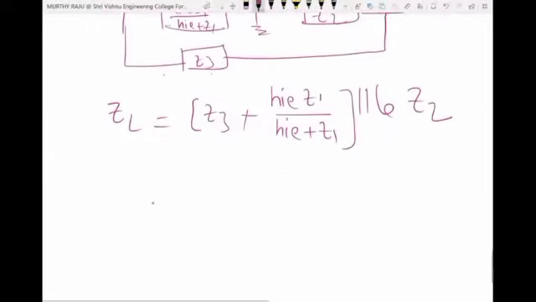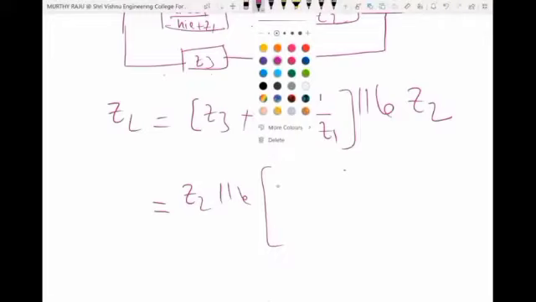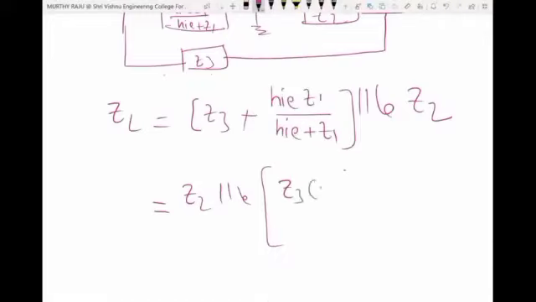Therefore, ZL is equal to, finally, Z2 parallel with Z3 plus Z3 into HIE plus Z1, HIE Z1 by Z1 plus HIE.